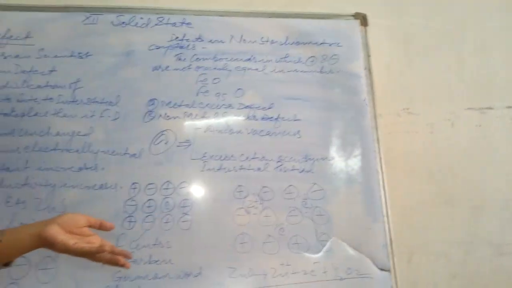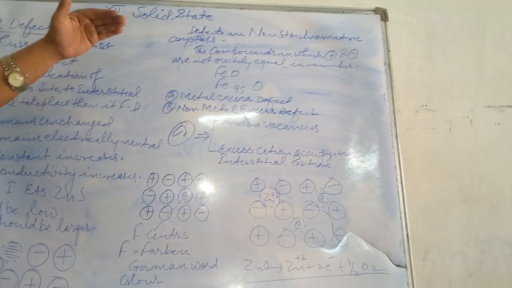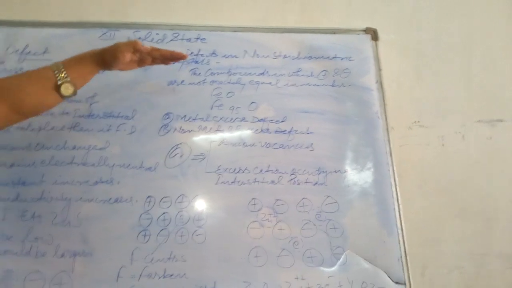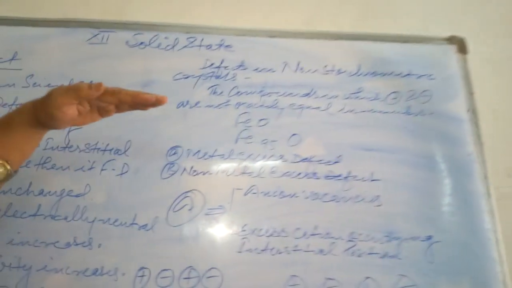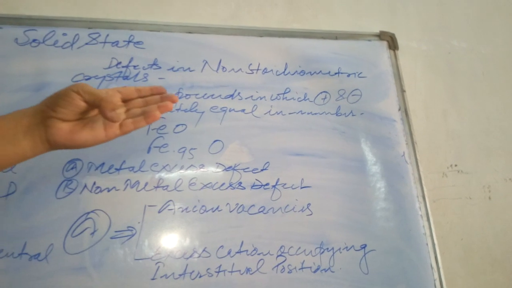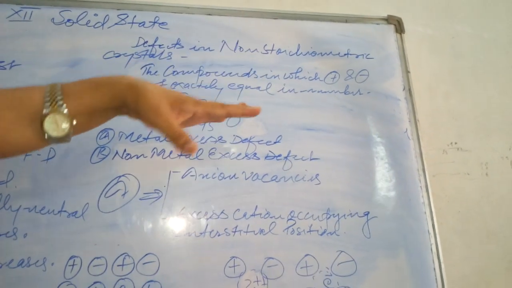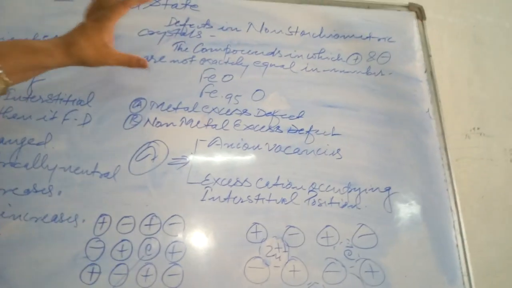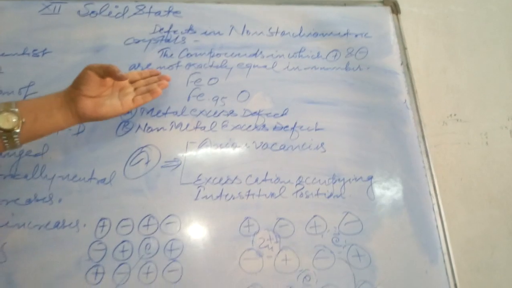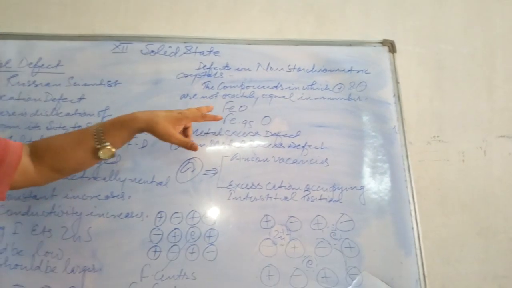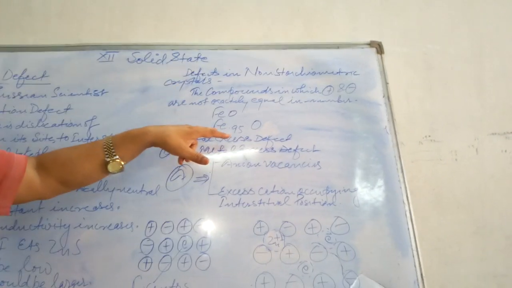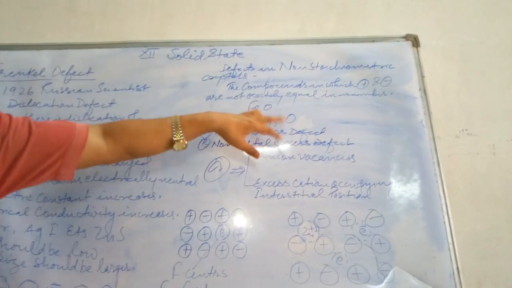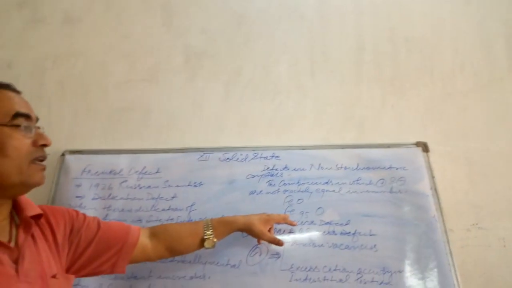The next topic will be defects in non-stoichiometric crystals. At the very first, children, what do we mean by non-stoichiometric? The terminology of non-stoichiometric: compounds in which cations and anions are not exactly equal in number. A very simple example: ferrous oxide, which can be written as Fe0.95O, meaning 0.95. Is it possible to have Fe 0.95?